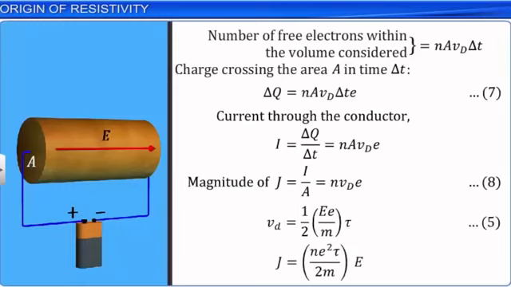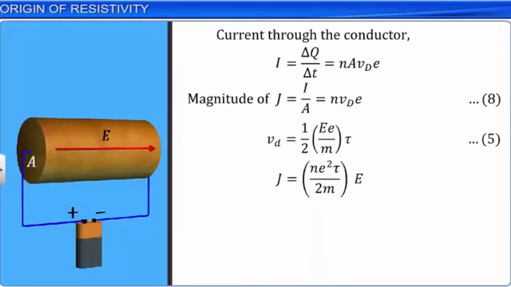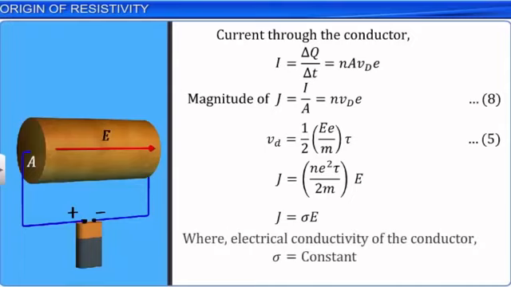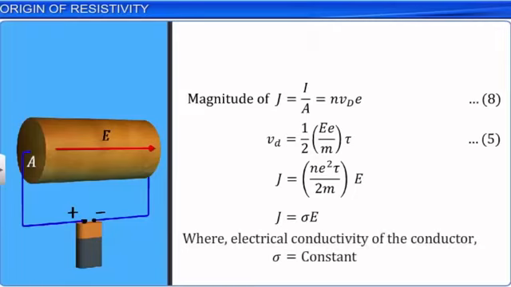The magnitude of current density J is also written as equal to sigma into E, where sigma is a constant called the electrical conductivity of the conductor, which depends on the nature of the material of the conductor and its temperature. Thus, sigma is equal to n e square tau by 2m.